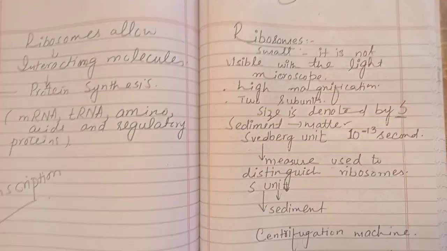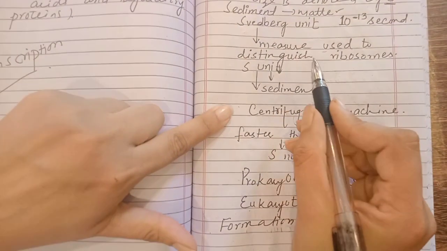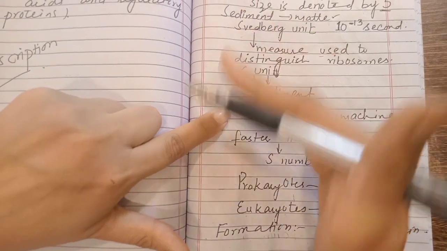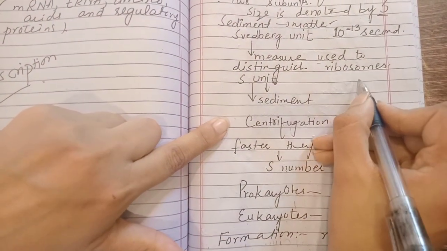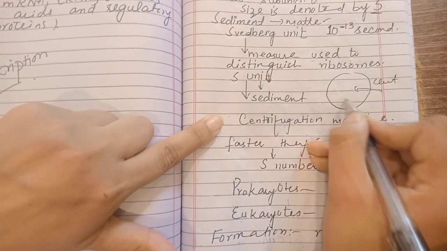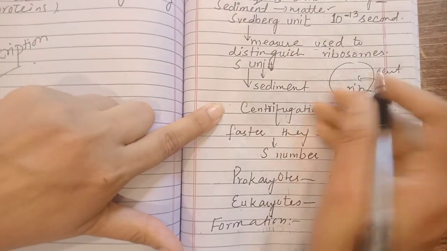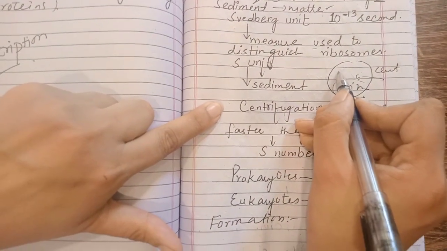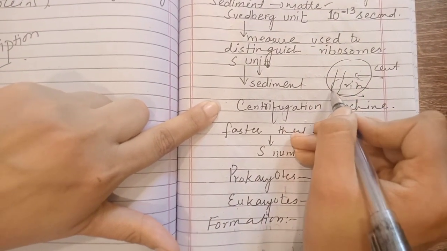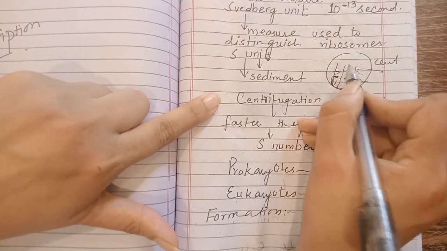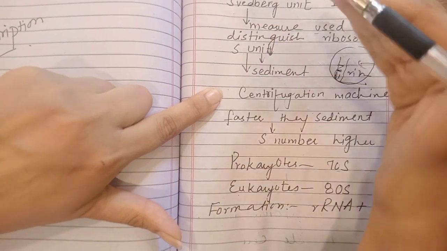For example, if they are high in sediment, high in matter, they will move down. If you place material in a centrifugation machine, such as ribosomes, the sediments of high weight will move down, then the lower weight, and then the even lower weight, so the concentration will be different.